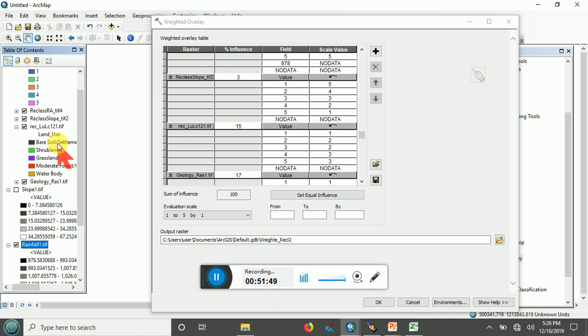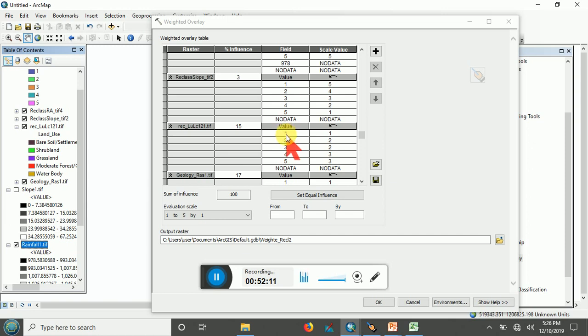So giving the influence means 1 for bare soil, which is less important, and these two maybe we can give number 2, and this one is maybe 3 or 4, and the last one is 5, which is very important. But you have to be sure, because here we do have only values, that's numbers.